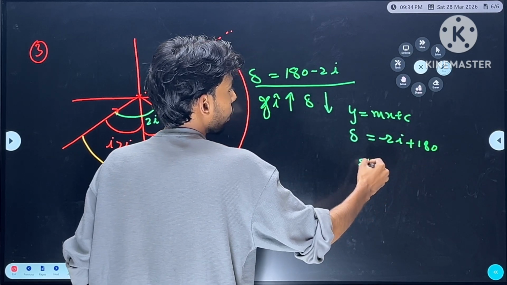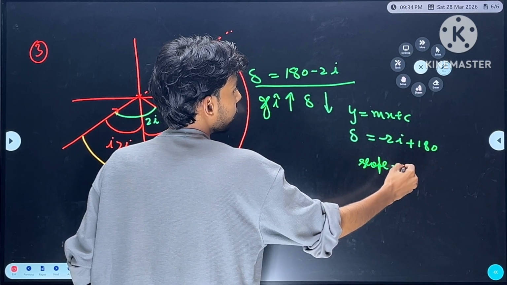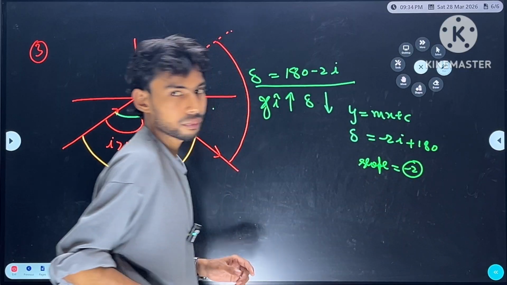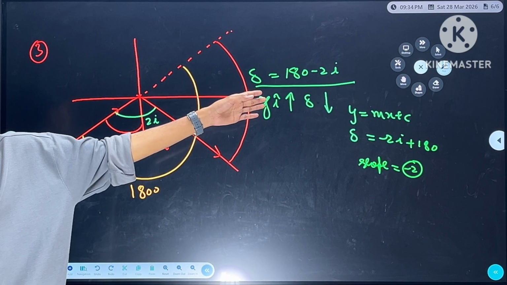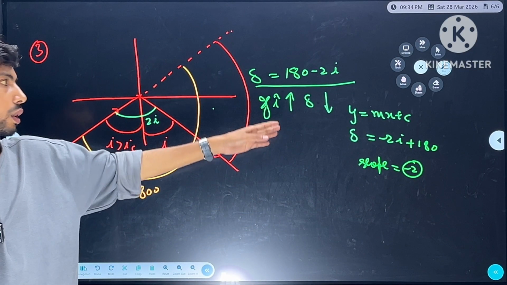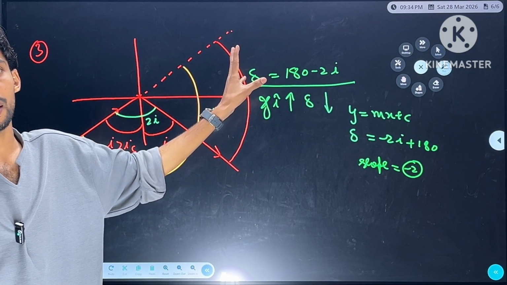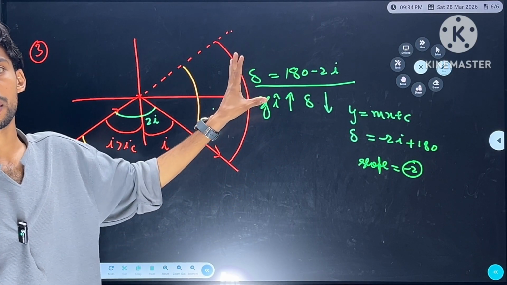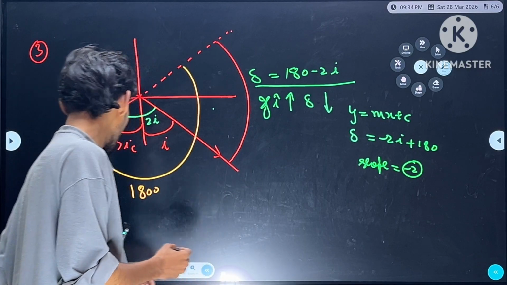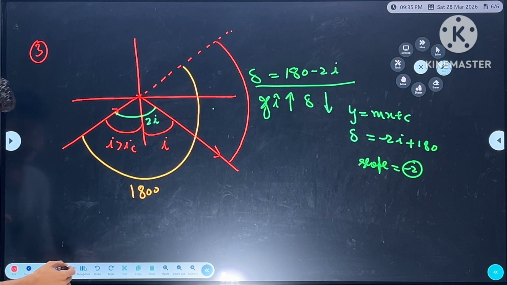So you can see that the slope m of this equation is equal to minus 2. That means of course this is the equation of a straight line. So this delta is decreasing here linearly, but in the first case delta was increasing with I but not linearly, following some other path. So if I plot the graph between delta and I, let's see what we get.